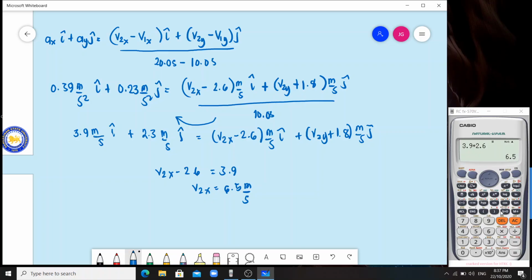Ayan, 6.5 and then V2Y plus 1.8 is equivalent to 2.3. So, 2.3 minus 1.8. That is equivalent to 0.5. Tama ba?